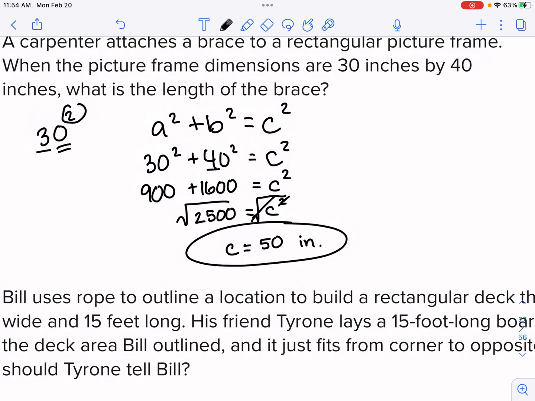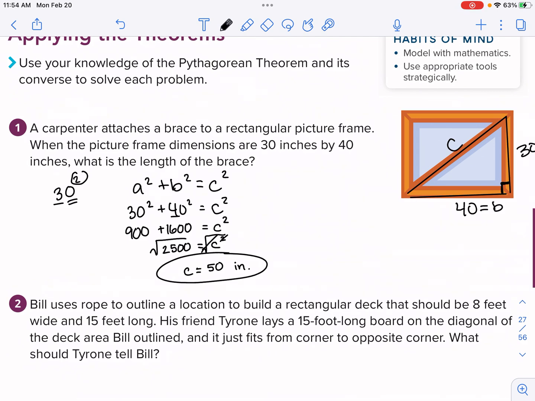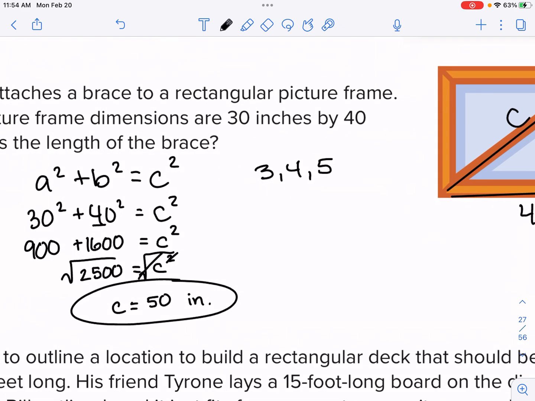Okay. Now, we could have figured it out by using the Pythagorean theorem, but I want you to understand from the past lesson we talked about 3, 4, 5 being a Pythagorean triple, and we had 30, 40. How could we have figured this last number? We talked about how anything is a Pythagorean triple if it's a multiple of an existing triple.